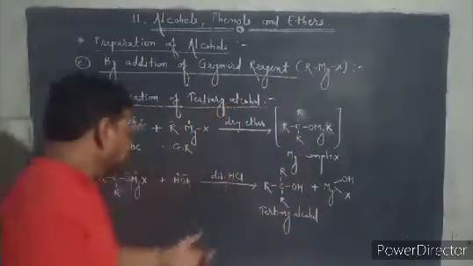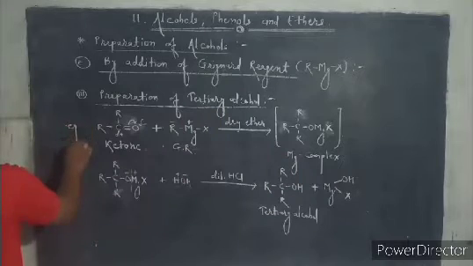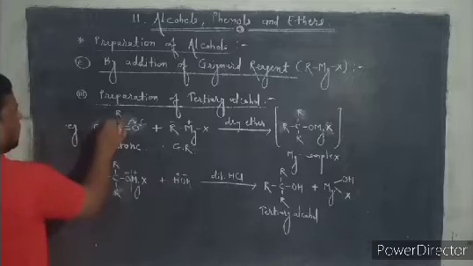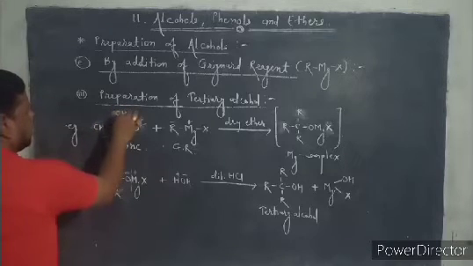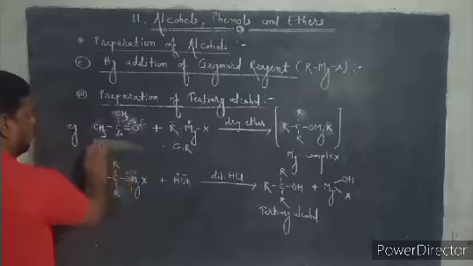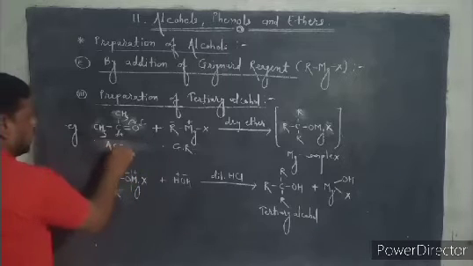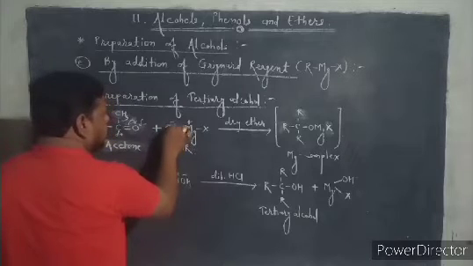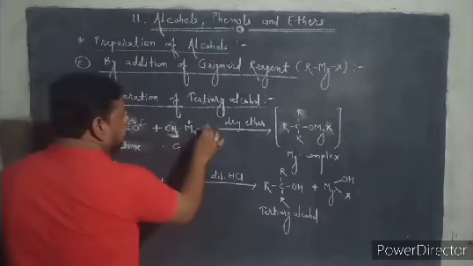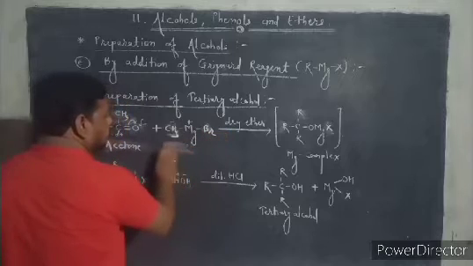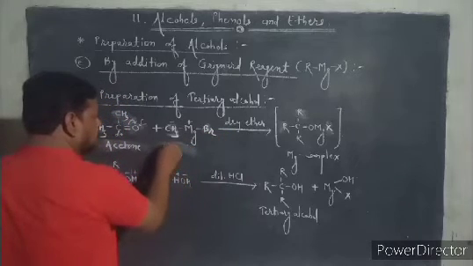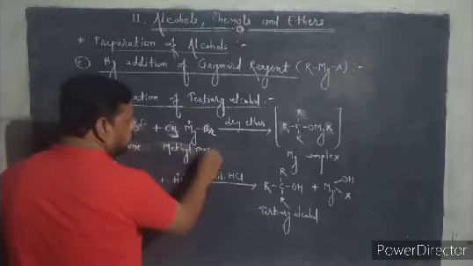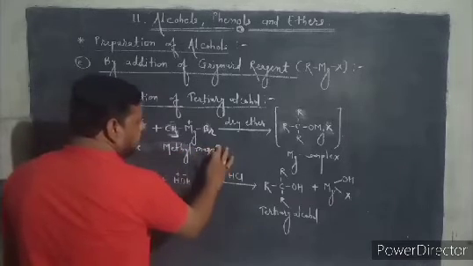Okay, for example, see here, acetone. This is the acetone. It reacts with methyl magnesium bromide. This is an example of Grignard reagent, methyl magnesium bromide.